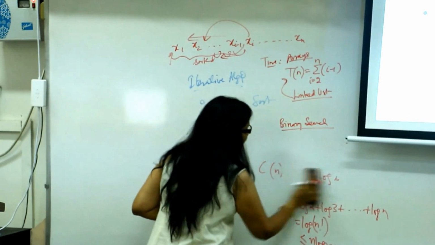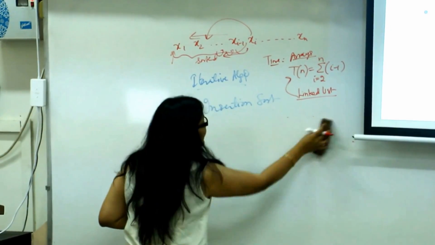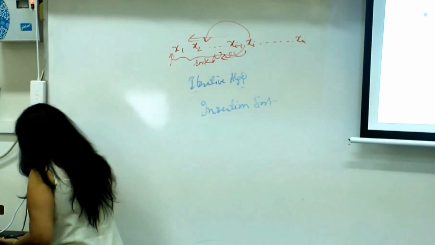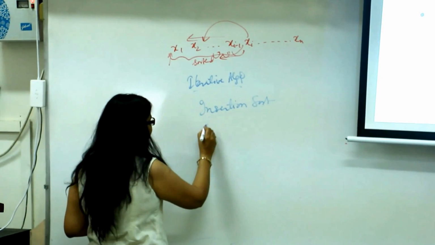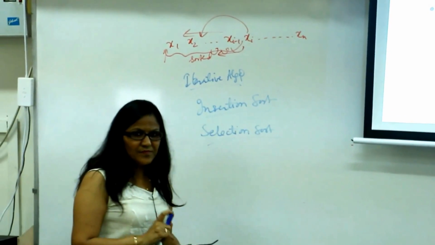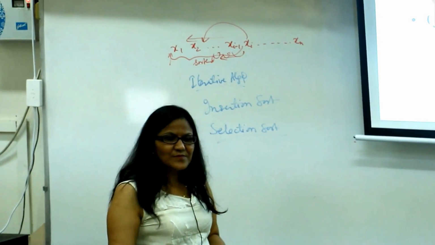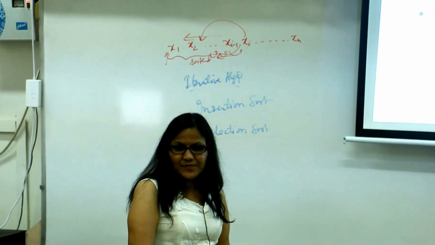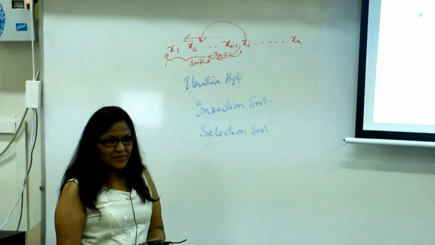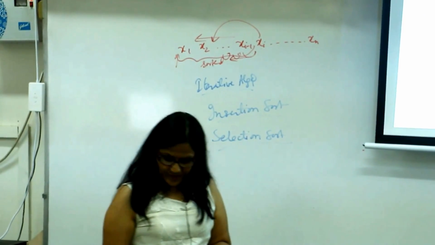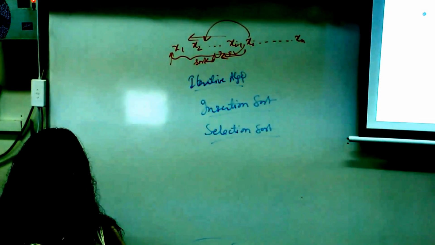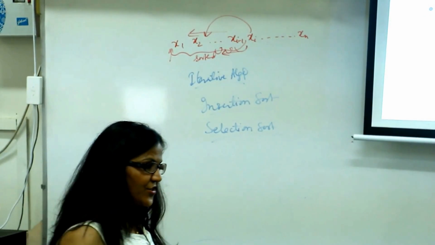Selection sort. What happens in the ith iteration of selection sort? Yeah, in the ith iteration, we select the ith minimum.